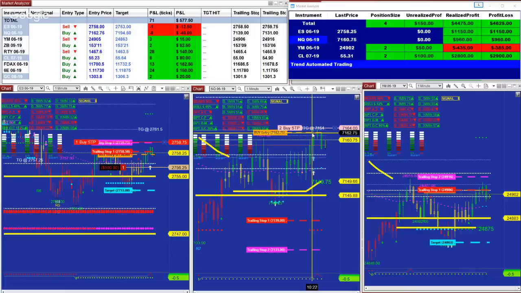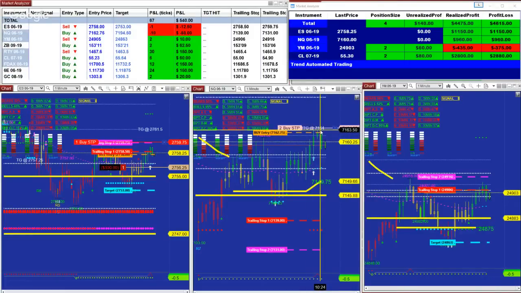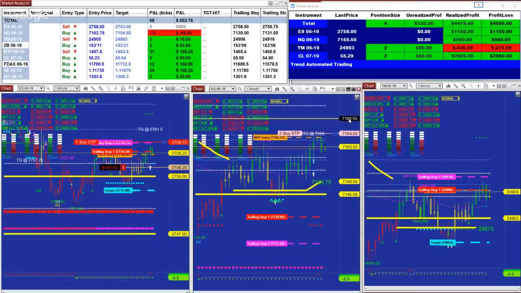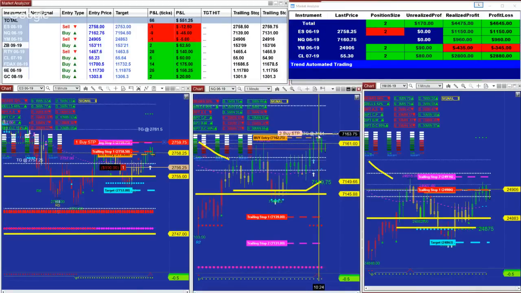Right above the signal, there is a resistance line at 6350. I don't want you to dive into the resistance, and that's exactly what happened.